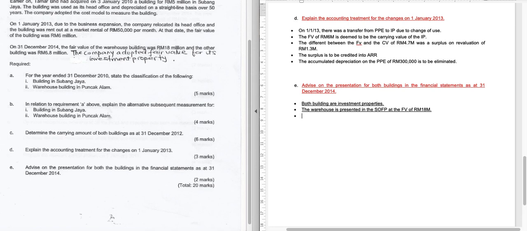And then the building in Subang Jaya is presented in the SOFP at the fair value of RM 6.8 million.